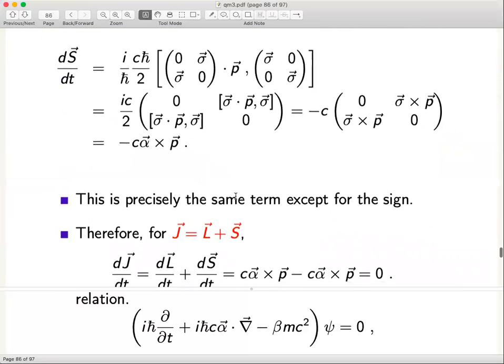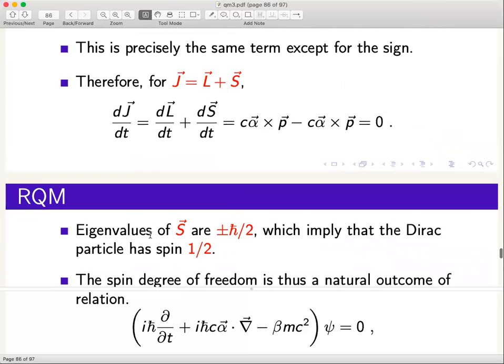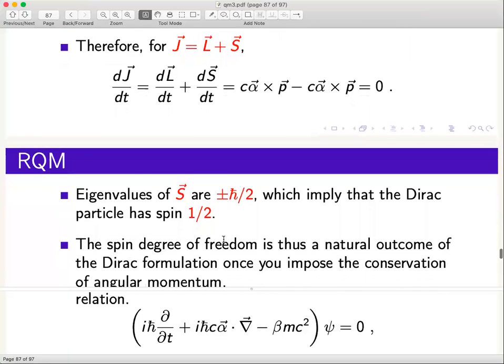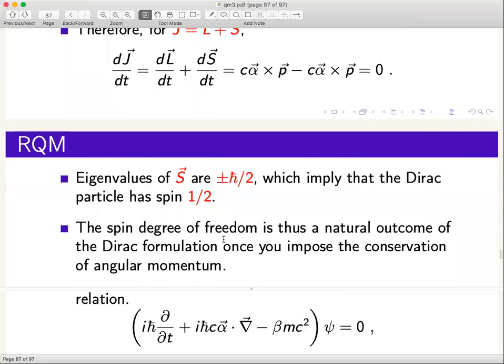So clearly, if you have eigenvalues plus or minus ħ/2, that would imply that the Dirac particle would have spin half, because those are the projections of a spin half particle. So what do we find? We find that if you impose the conservation of angular momentum, then the spin degree of freedom is a natural consequence of demanding conservation of angular momentum in the Dirac formulation.